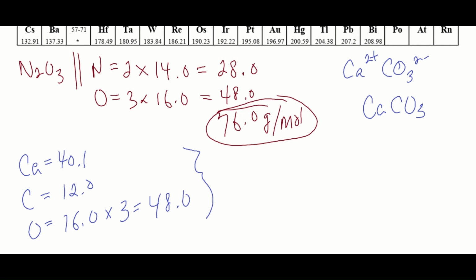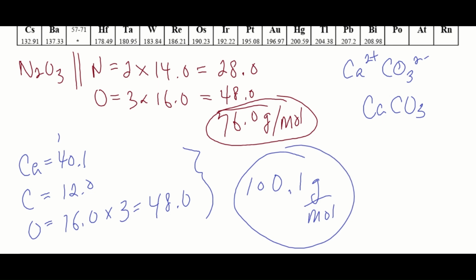All right, let's add them up. So we get 100.1 grams per mole as the molar mass for calcium carbonate.